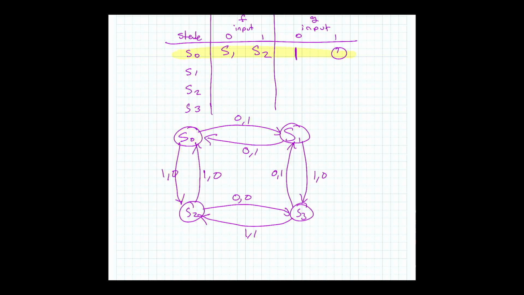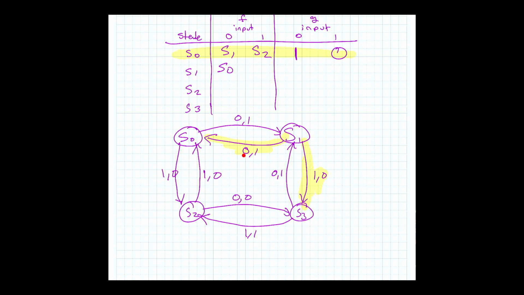So next row, for example, oops, I erased it. Next row is S1, so you're in S1. Again, there's 2 arrows that leave S1. There's one right there, and also there's one here. One of them is input 0. This one's input 0. This one's input 1. So the first one is S1 to S0, so you put an S0.